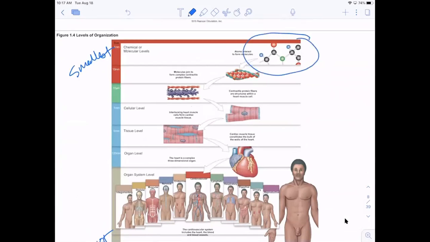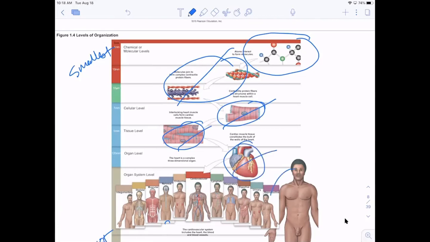Now here's the thing. If you don't have the right amounts of carbon, nitrogen, oxygen, or hydrogen, that means the cellular structures are not going to work. That means the cell's not going to work. That means the tissue's not going to work. That means the organ's not going to work. And that means the organism's not going to work, right?